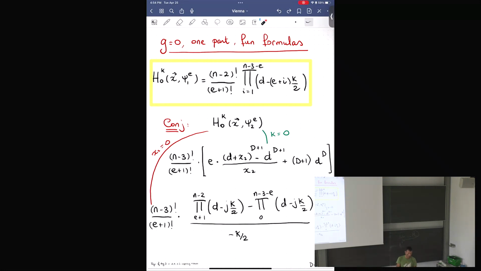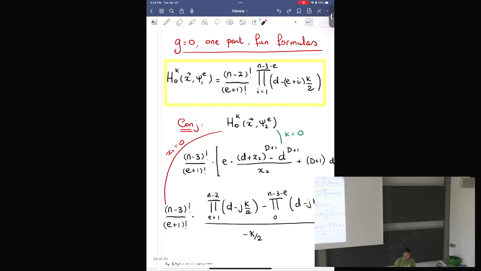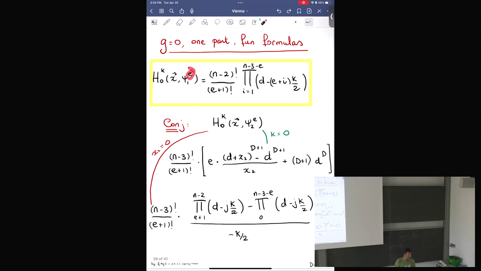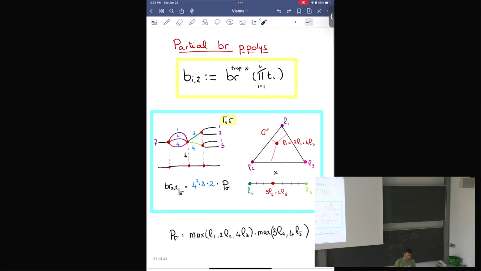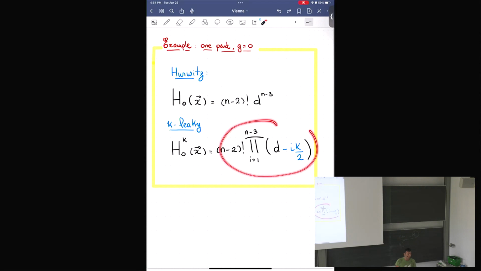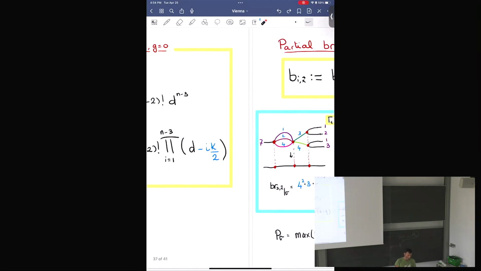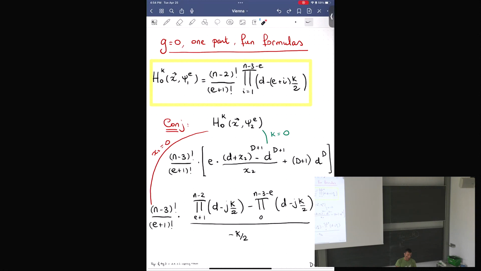If, again, we do genus 0, one part, and now we take the psi class at the fully ramified point, the one on the left, then remember that before, if E was 0, we had this full falling factorial formula. Now we modify it by dividing by some factorial down here, and by not taking all of the falling factorials, but only a part of it.